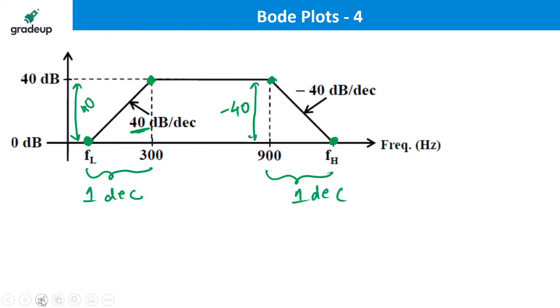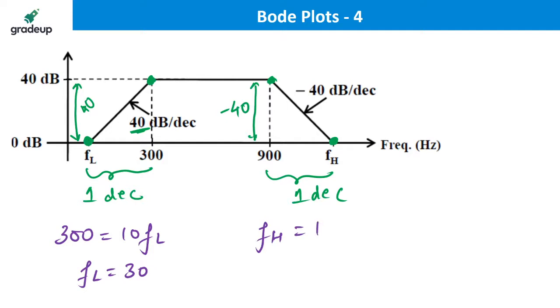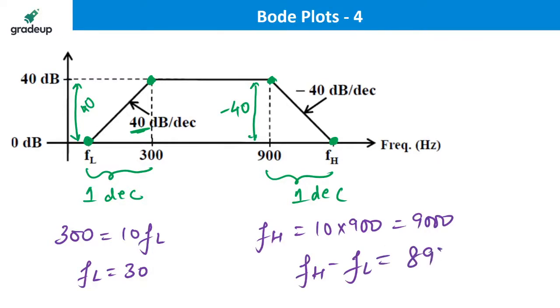From this, we get our answers. 300 should be equal to 1 decade of FL, that's 10 FL. So FL is equal to 30. And FH should be equal to 1 decade of 900, 1 decade meaning 10 times. The FH is 9000. So FH minus FL is 8970 Hertz.